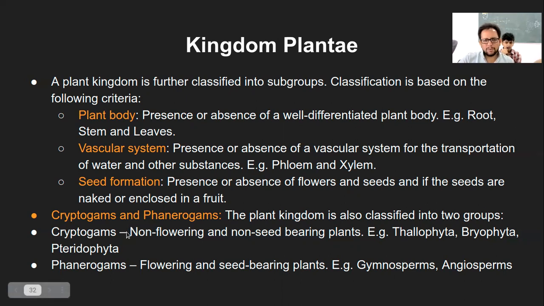These cryptogams are non-flowering and non-seed bearing plants. So most of this category grows by vegetative propagation, because obviously there is no flower, no seed, so they don't have any other means of reproduction. And the phanerogams are flowering and seed bearing plants, for example your gymnosperm and angiosperm. So these are the 2 categories.